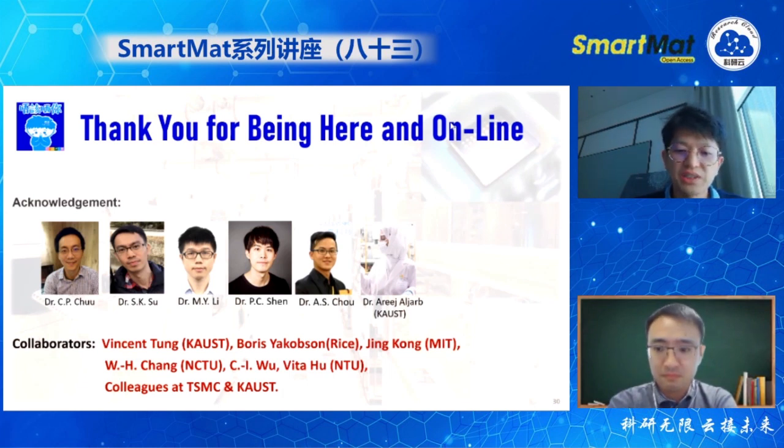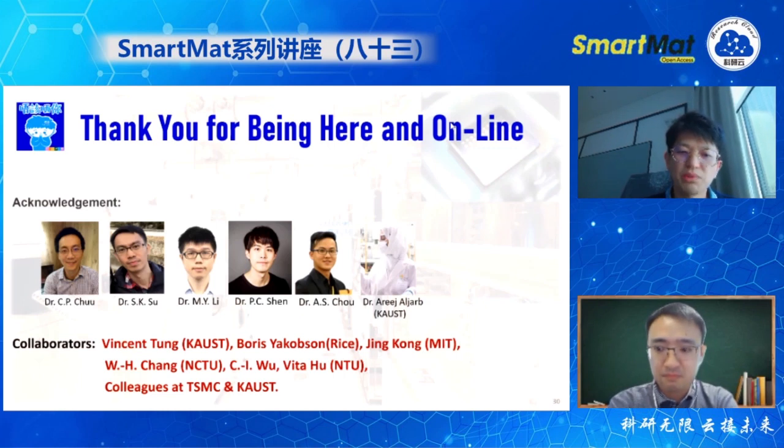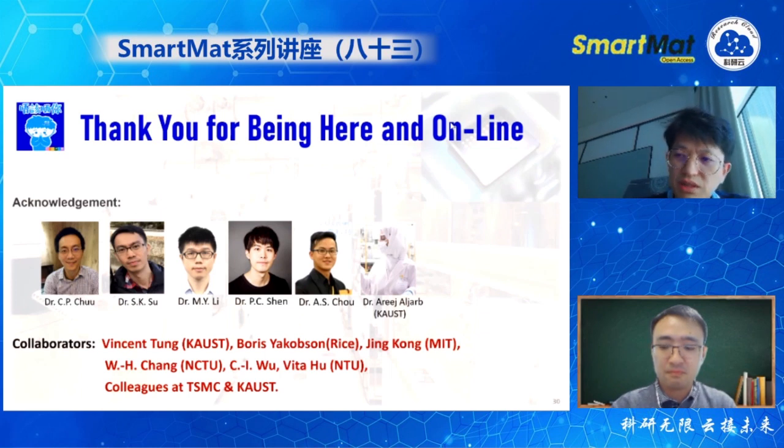But the challenges are still there for how to integrate carbon nanotubes into large area circuits with controllable density. A particular difficulty is how to control the device to device variation. Let me give a very brief discussion.